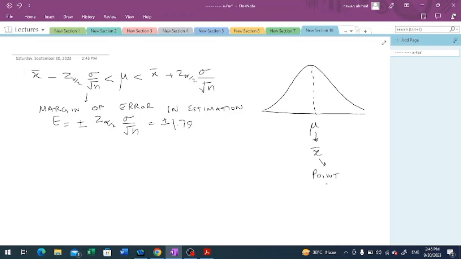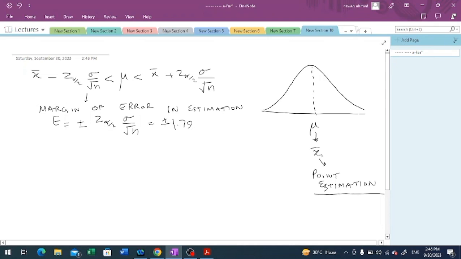Why do we call it point estimation? Because every sample can give us only one value for the mean. So point means referring to a single answer. The point estimation of mu is x bar.